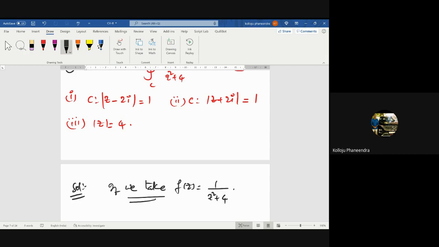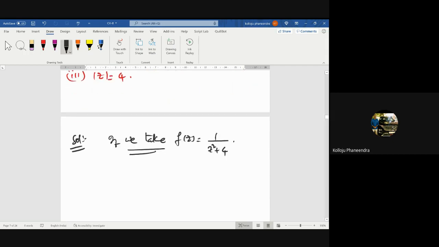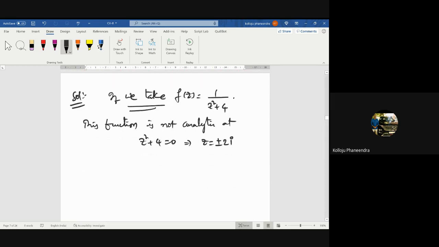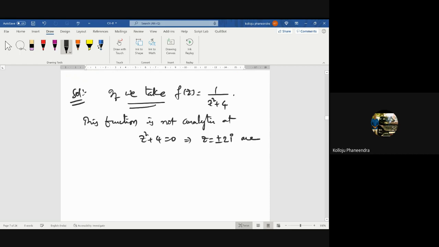Then what are the singularities? This function is not analytic where z square plus 4 equals 0. So what are the z values? Plus or minus 2i. These are the singular points.